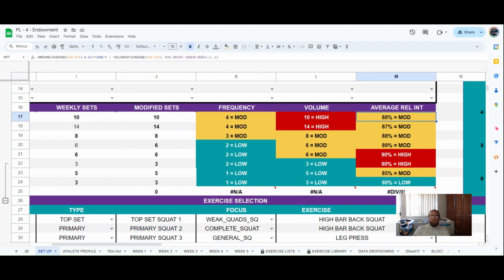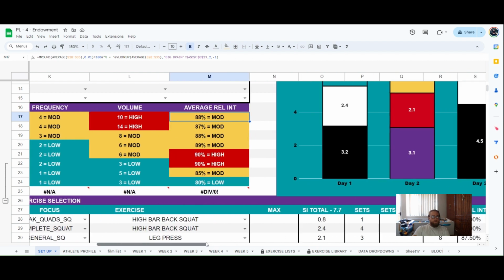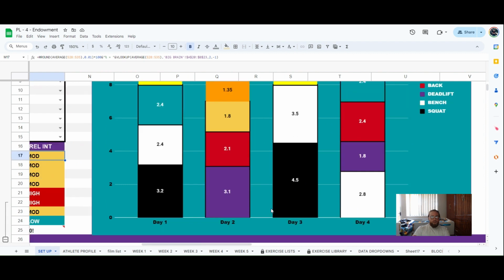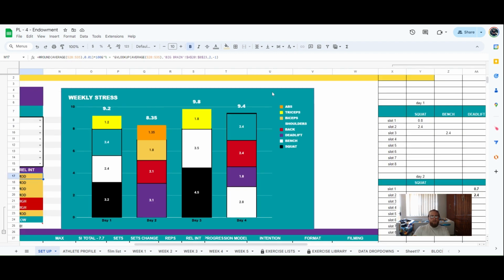without worrying about it. And then we can go over to this chart and see when things are occurring and how much is occurring per session. So now I can look at this chart and ask, okay, how much squatting am I doing? Okay, cool. I've got a bit on Monday and quite a bit more volume on the third day.